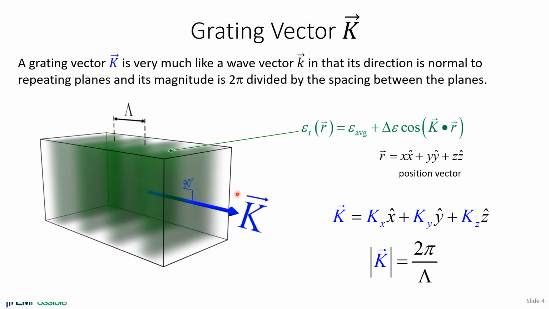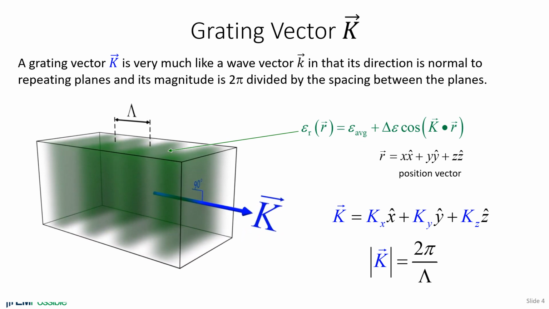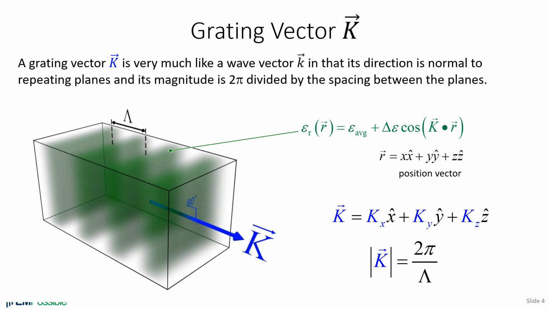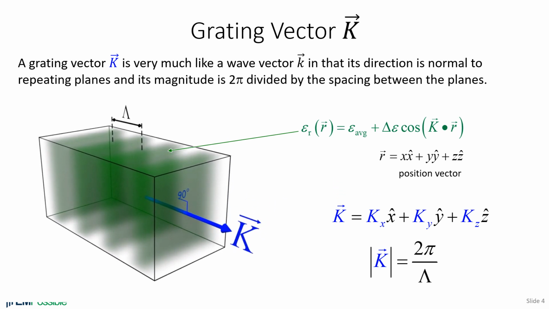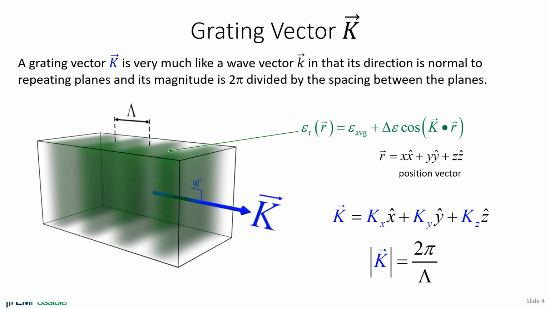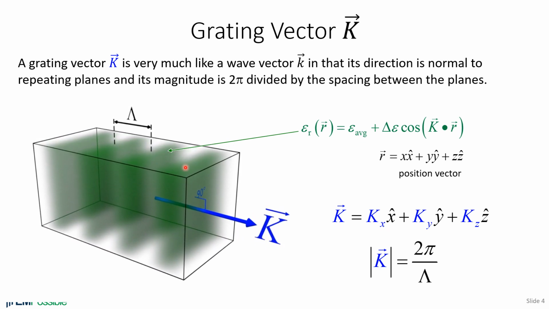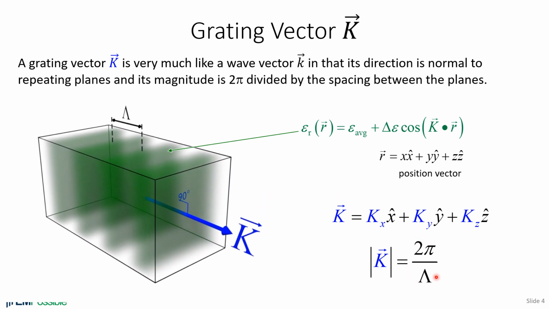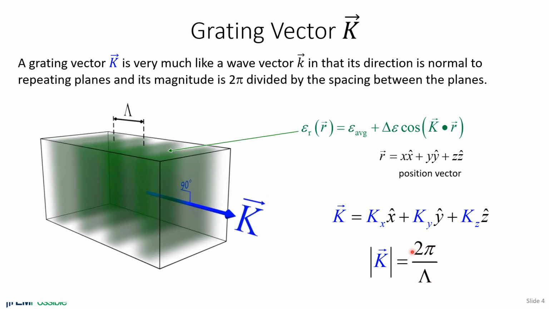And this is analogous to a wave vector. So though I'm using capital K instead of the lowercase k that we use for waves, it's an uppercase to show the analogy. And we define it the same way. The direction is perpendicular to the planes, and it has a magnitude that is 2 pi divided by the period. So why this 2 pi divided by period?